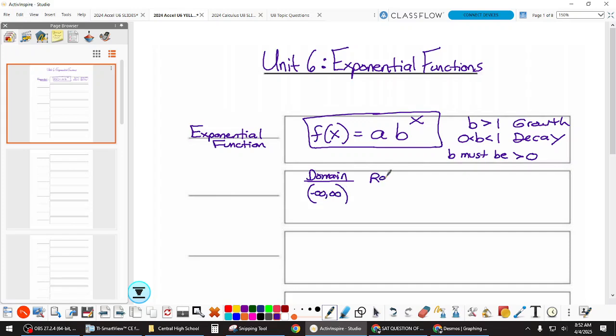How about range? Well, for the parent function, the range for 2 to the x is 0 to infinity. We're going to have different ranges depending on what we do to the function. Will it have holes? No.